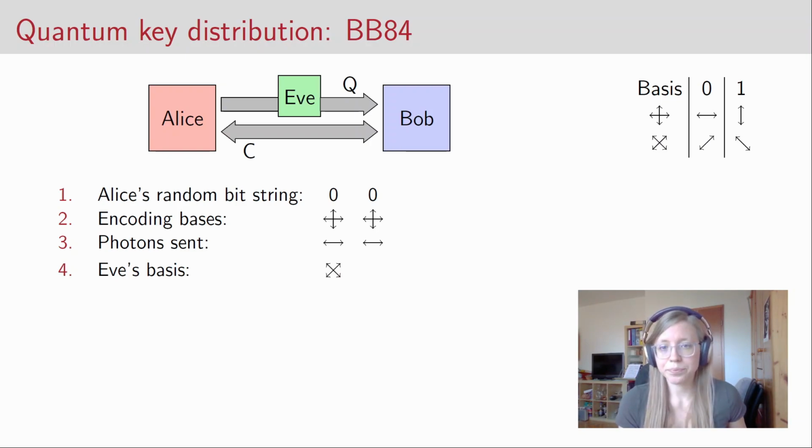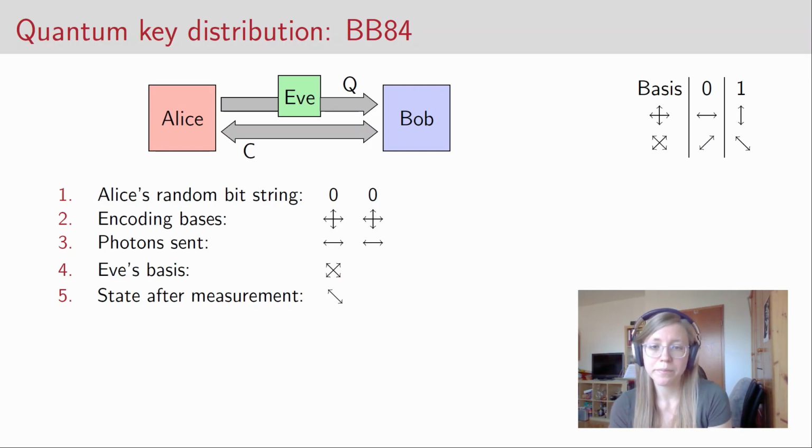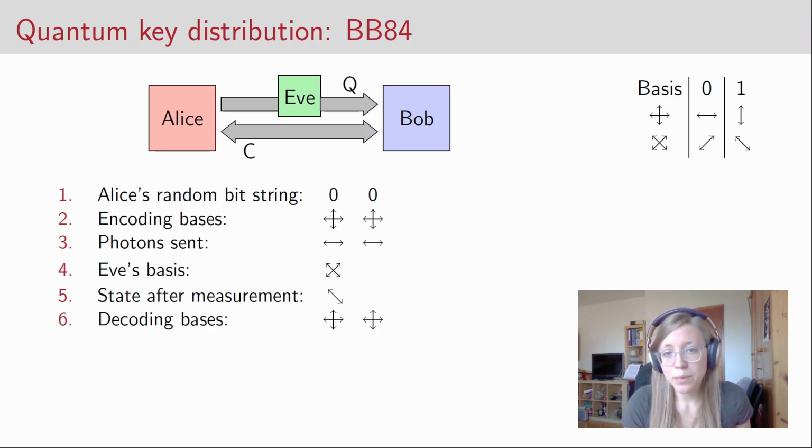Then she gets a random result, let's say this one, which means that she now thinks this is equal to the bit 1. And this state is the state she has to send to Bob, because Bob awaits some sort of state. If there are too many losses in the communication, he will get suspicious. Okay, so she sends this bit to Bob.